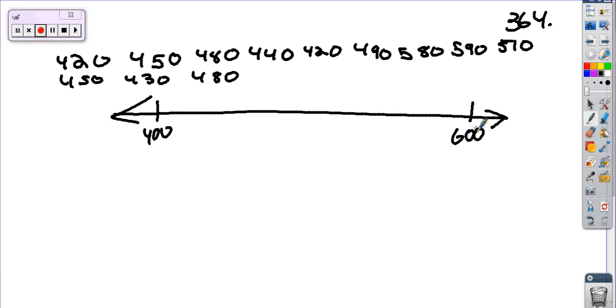The reason is that 400 is smaller than all of them and 600 is bigger than all of them. In the middle, I'll write 500. And we can easily split these up into 10 pieces on each side. Okay? Line plot.